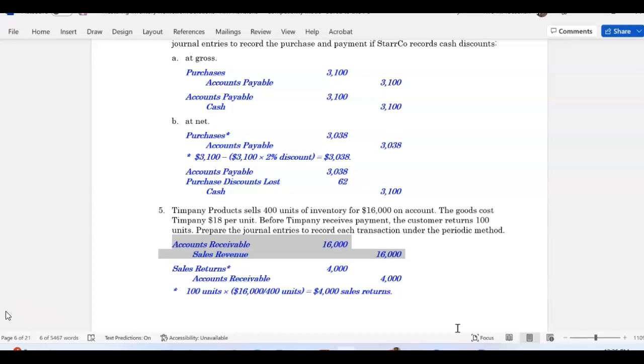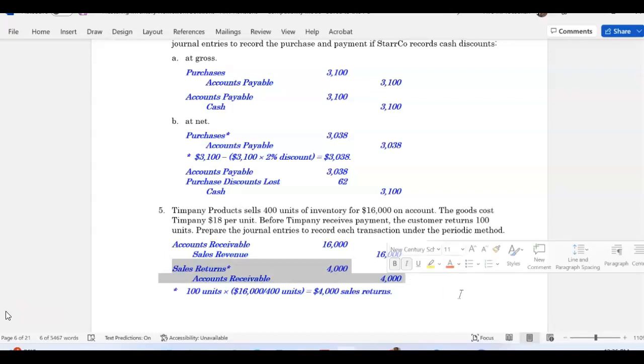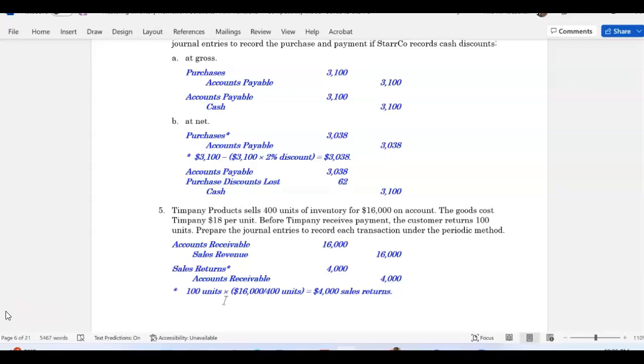So 100 units times, let's say $40, 16,000 divided by 400, multiplied by 100, that's $4,000 returns. So you record a contra account to sales called sales returns for $4,000, and accounts receivable will be reduced by $4,000.